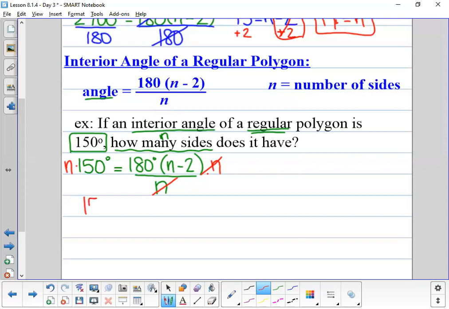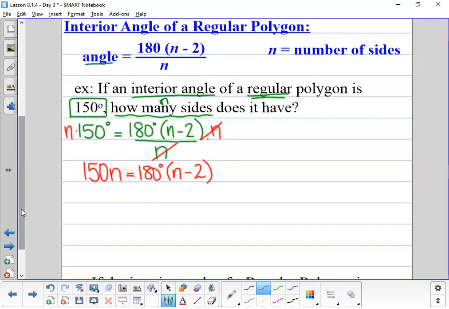So now my equation has become 150 times n, because I had to multiply the n on the right and on the left to keep it in balance, equals 180 degrees times parentheses n minus 2. And just looking at this, if I divided both sides by 180 the way I did in that first example, I'm not going to get a very nice number when I do 150 divided by 180.